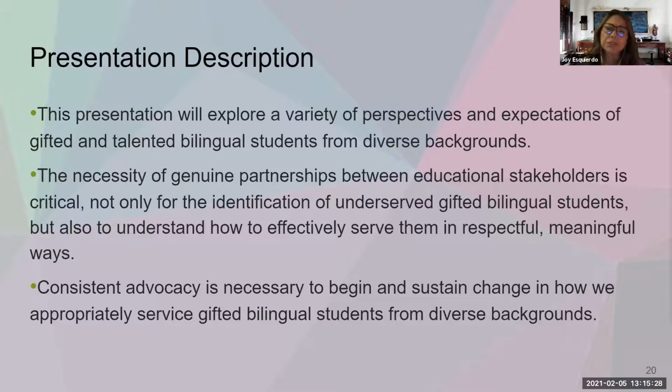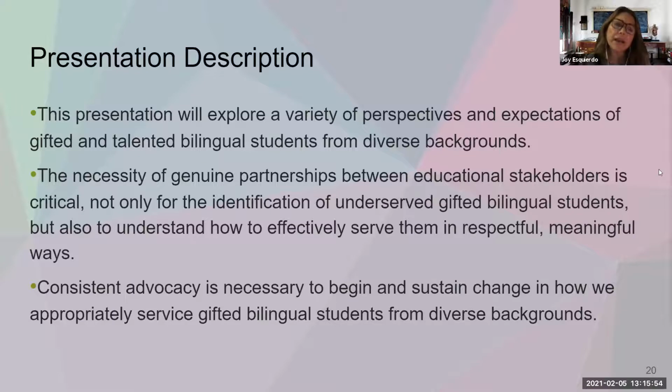And also educational stakeholders include the teacher, right? Because many times the teacher is the first step in this, and the parents, right? Because the parents are also educational stakeholders, probably one of the most important in the child's life. And then, after we begin to identify students, how do we effectively serve them in a respectful, meaningful way that respects, like Theresa was mentioning earlier, their cultural experiences as well?